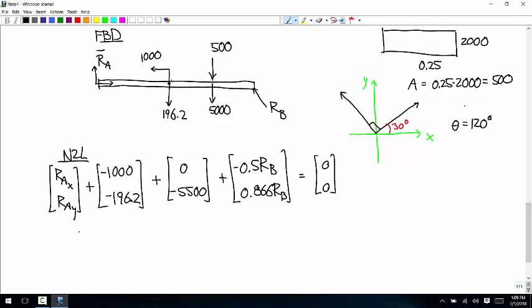And then the moment equation, we have to choose an about point. I'll choose it over here. So there's no moment produced by RA. Do either of these two components, the 1,000 or the 196.2, produce a moment? Which one? The 196 does, the 1,000 doesn't. The moment arm there is 0.25. So 0.25 times 196.2. And then clockwise or counterclockwise?